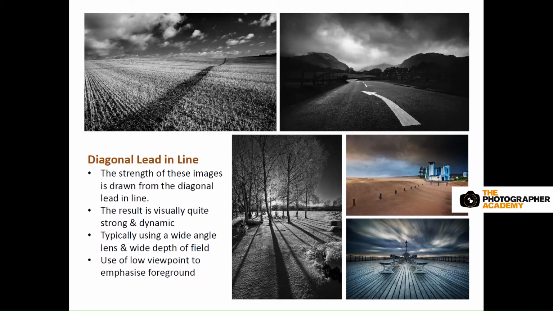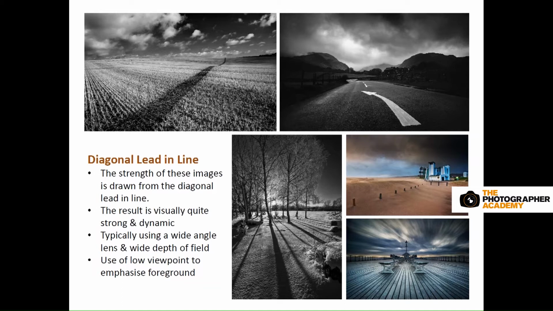So these are diagonals. Diagonals are quite dynamic. They're quite strong. They take your eyes into the picture and out again, perhaps very quickly. So they're quite high impact, and you can see a variety of examples here. Two I'm going to point out in particular: the one with the track running through the field, and the one with the building with a line of posts in a sandstorm halfway down on the right-hand side.